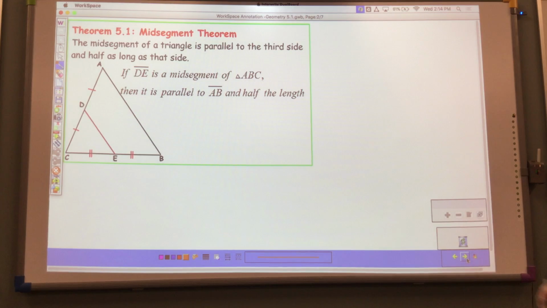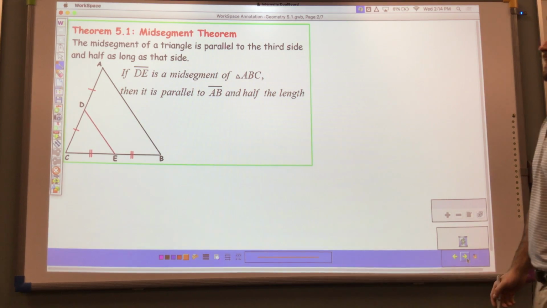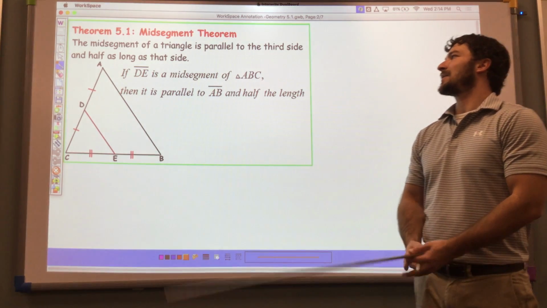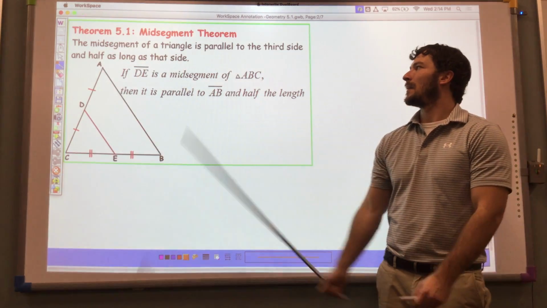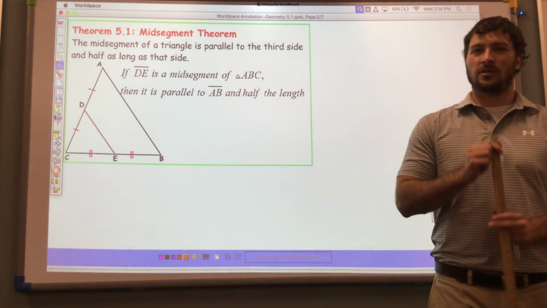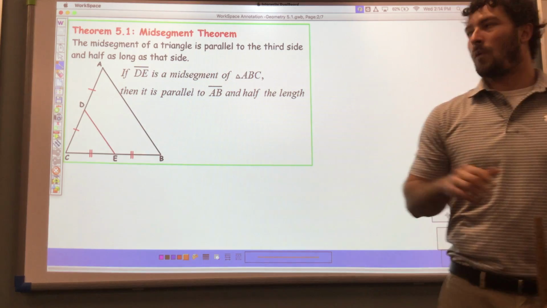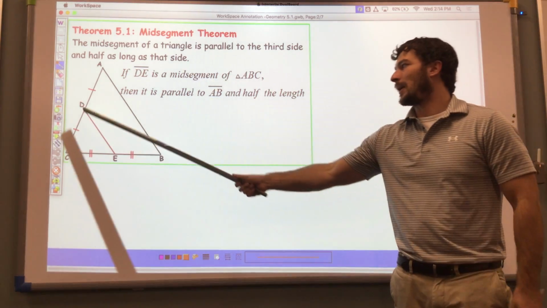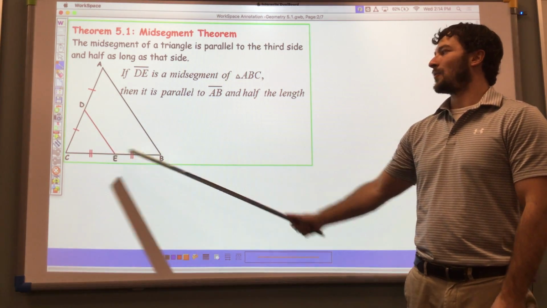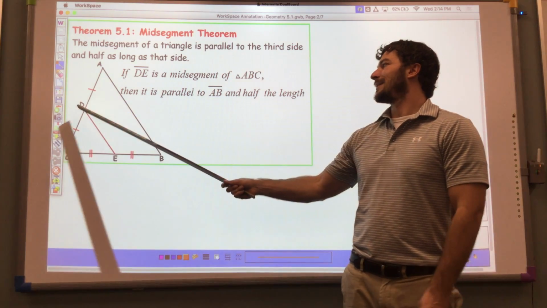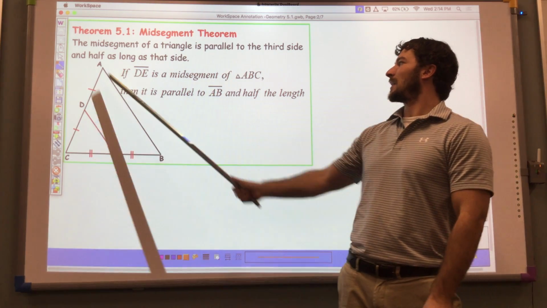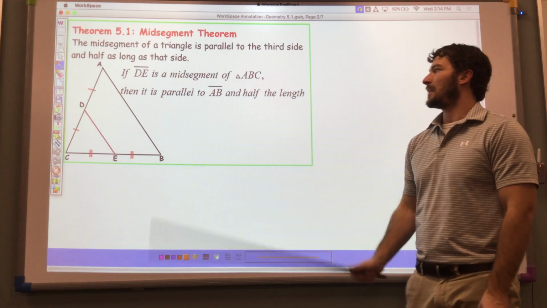And then we're going to have a theorem that goes along with that. This is the only theorem for today. So obviously we're talking about a mid-segment. The mid-segment of a triangle is two things. Number one, it's going to be parallel to that third side. So here, our mid-segment is segment DE. It's parallel to segment AB.